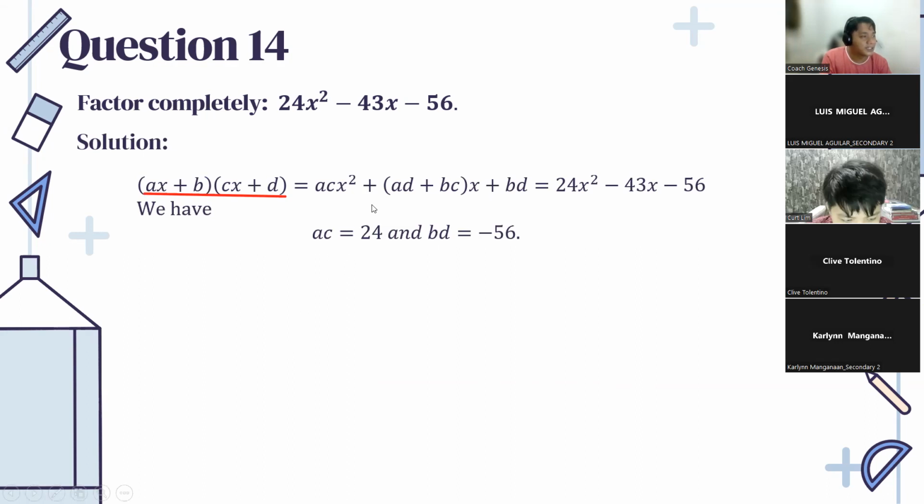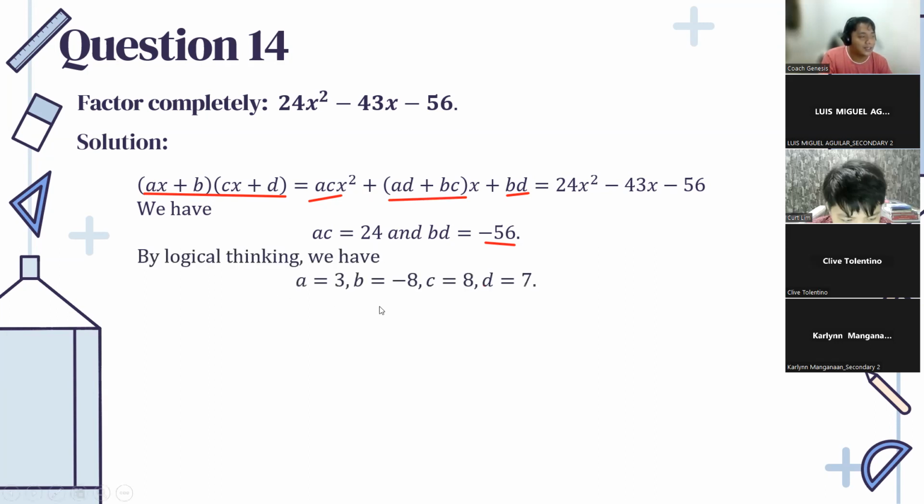Since the product of AC is equal to 24 and BD is equal to negative 56, you need to look for A and C and B and D such that the middle value will be negative 43. So by logical thinking, you have 3, negative 8, and C, and 8 and 7.